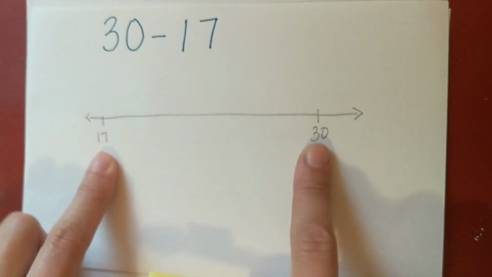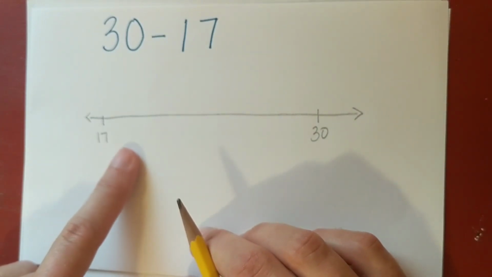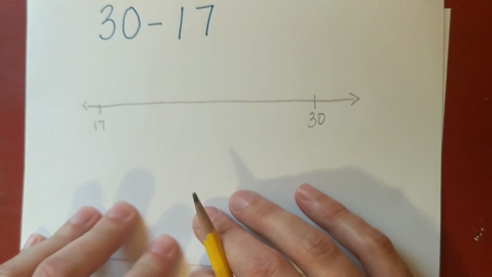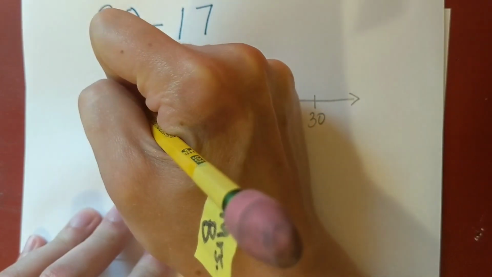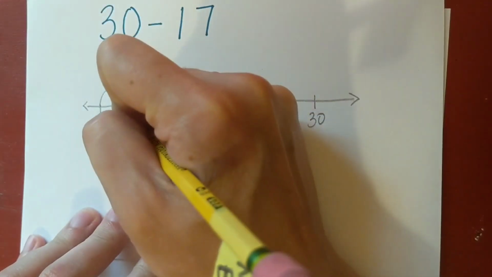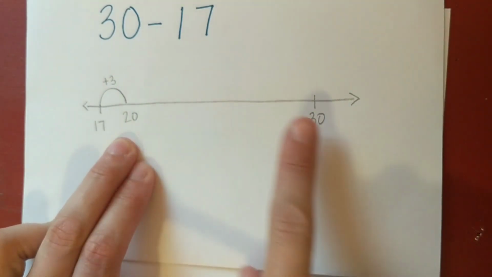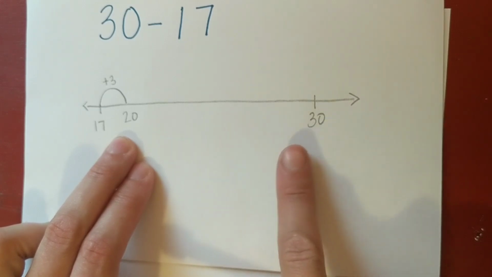So I'm looking at 17 and I want to get to a friendly number. I know 20 is the next friendly number. So I have to think about, I know 7 plus 3 is 10, so 17 plus 3 is 20. Oh, wow. Now look, I'm at 20 and I need to get to 30. I'm thinking about when we count by tens: 10, 20, 30.